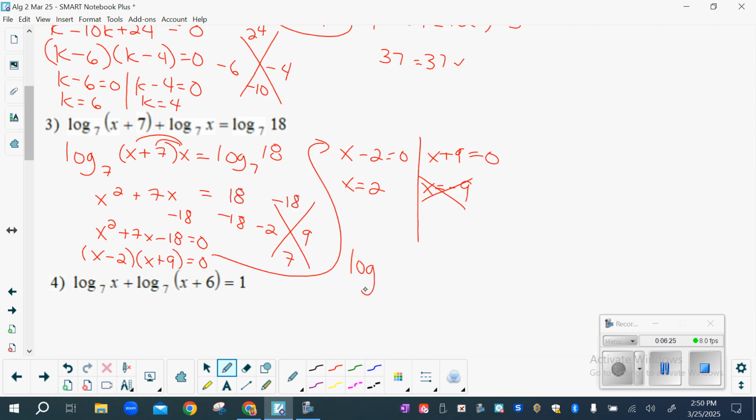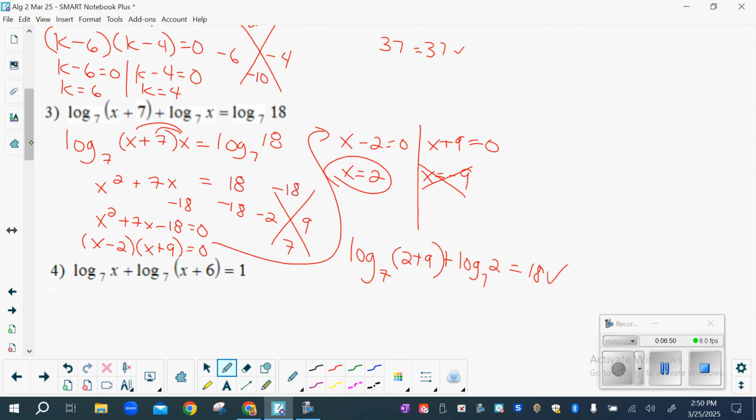So I get the log base 7 of 9 plus log base 7 of 2 equals 18, and that one works. That checks. So this one works, the negative 9 does not. Does that make sense why that negative 9 does not work? Okay.